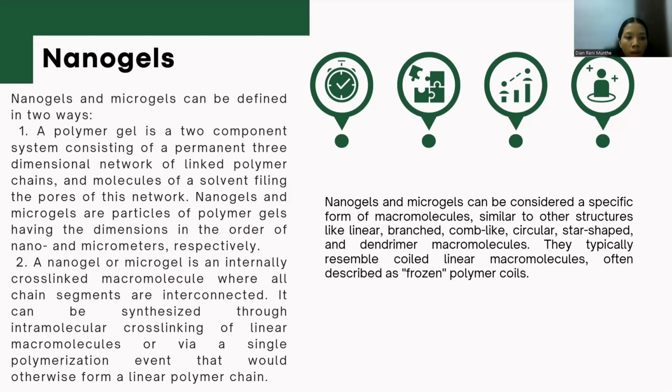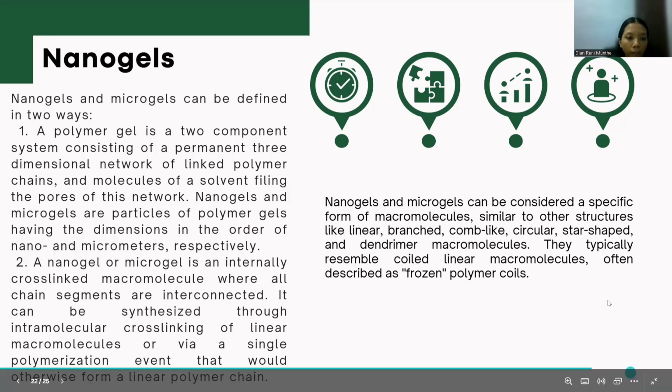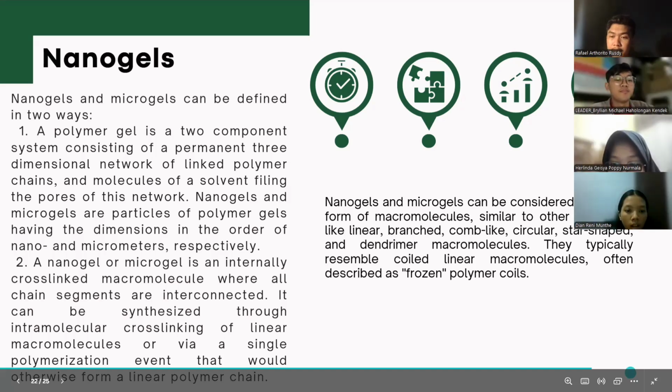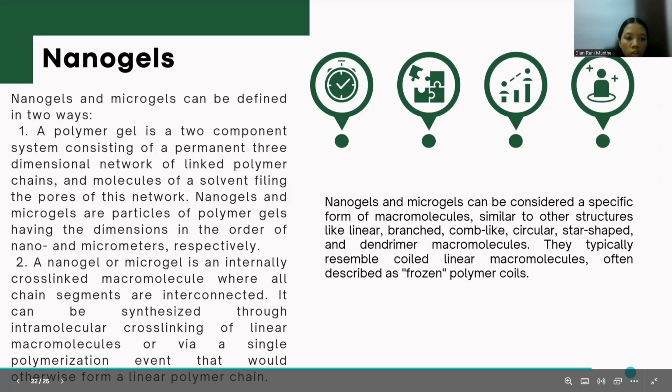Nanogel and microgel are particles of polymer gel having dimensions in the order of nano and micrometers respectively. Two, a nanogel or microgel is an internally cross-linked macromolecule where all chain segments are interconnected.